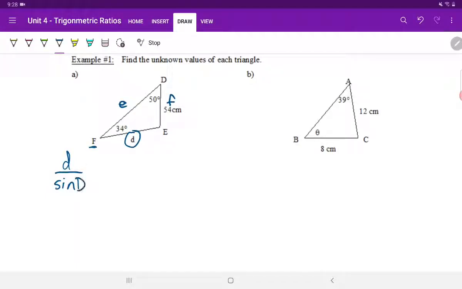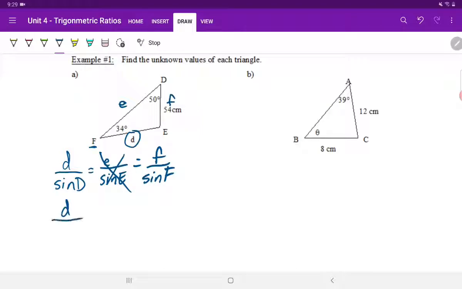So d over sine of capital D is equal to e over sine capital E, which is equal to f over sine capital F. But you're probably looking at this and saying, we only need two of these ratios to solve, and we have no information for E, right? We've got no information for E, so we don't need it. So all we're going to be left with is d over sine capital D is equal to f over sine capital F.